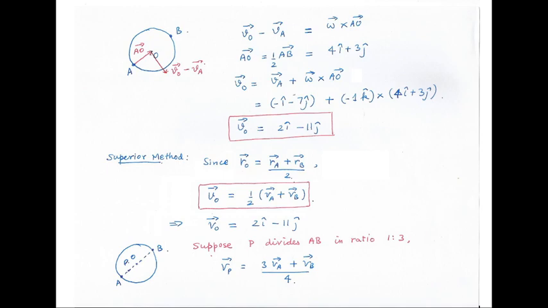And just to show you an example, in a similar way we can find the velocity of a point P, which divides AB in the ratio 1:3 by the same method, because the relation between the position vectors is replicated in the relation between the velocities, because it's just a time derivative away.